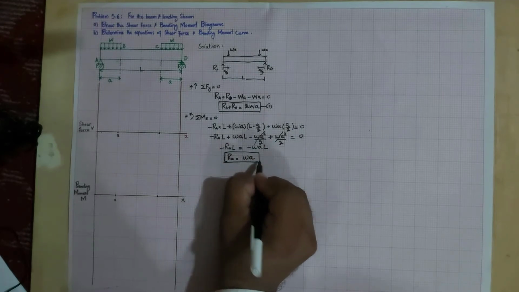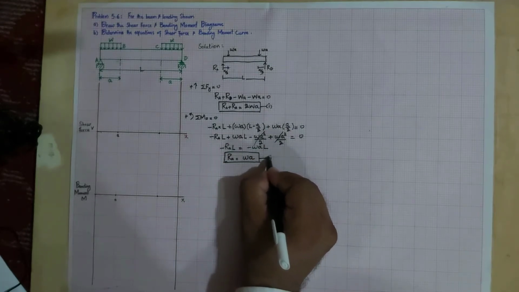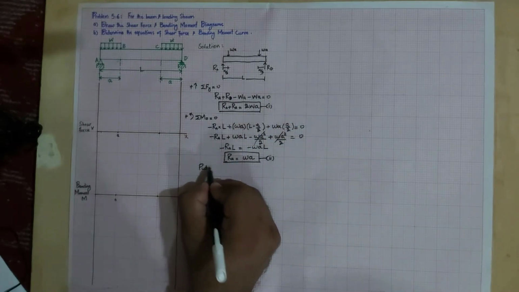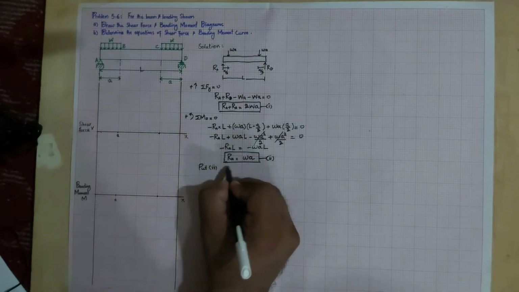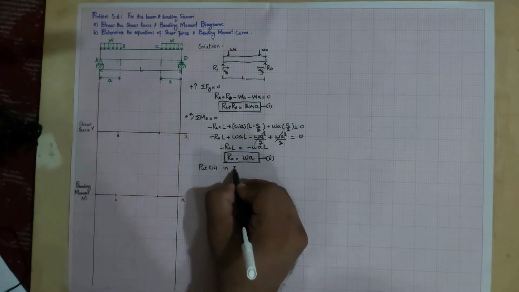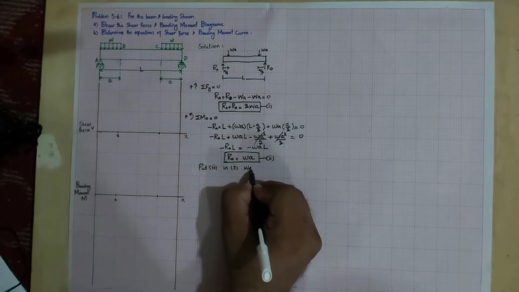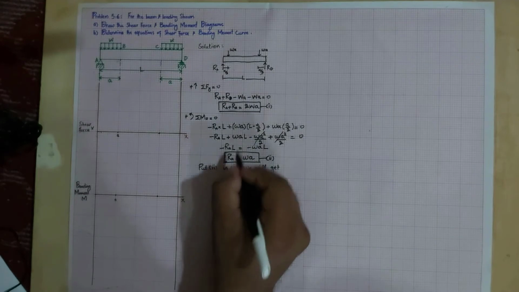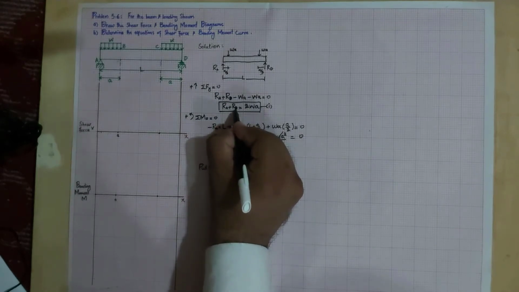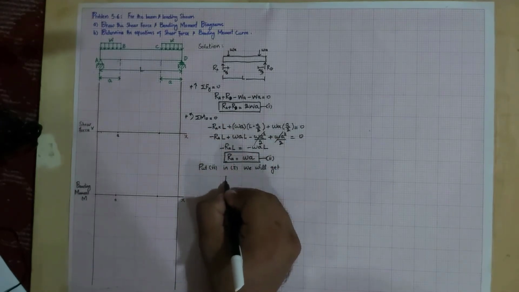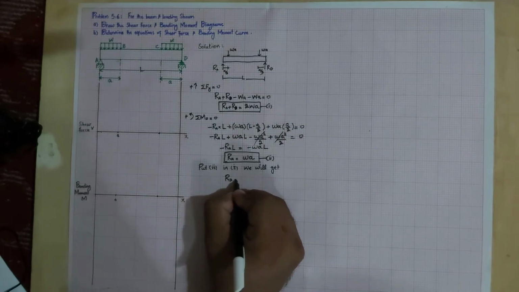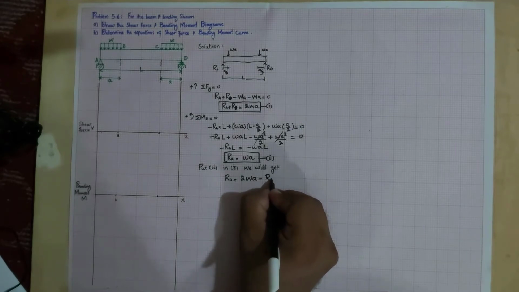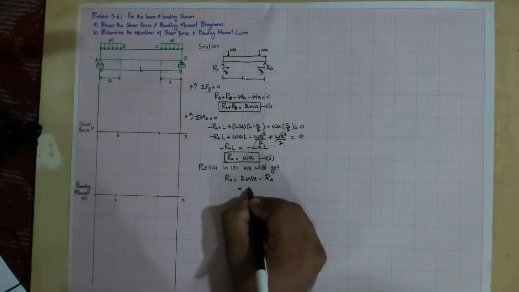This is equation 2. So we put 2 in 1. We will get RD equal to 2 times WA minus RA, and RA is WA.